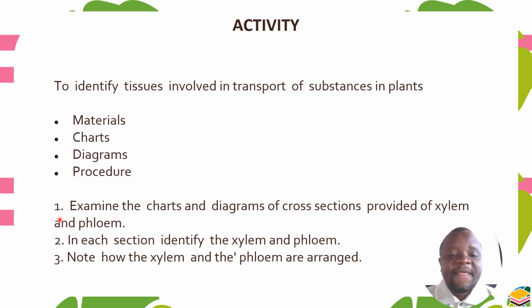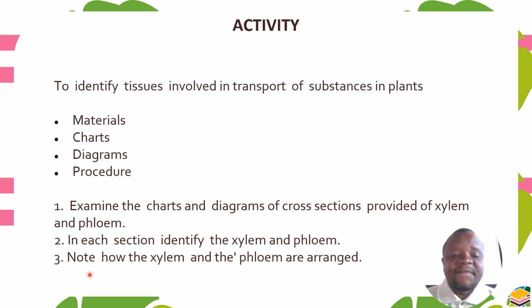From that, you can examine the charts and the diagrams of cross sections provided of the xylem as well as the phloem tissue. So you can study these tissues on the charts. In each section, you identify the xylem and the phloem.